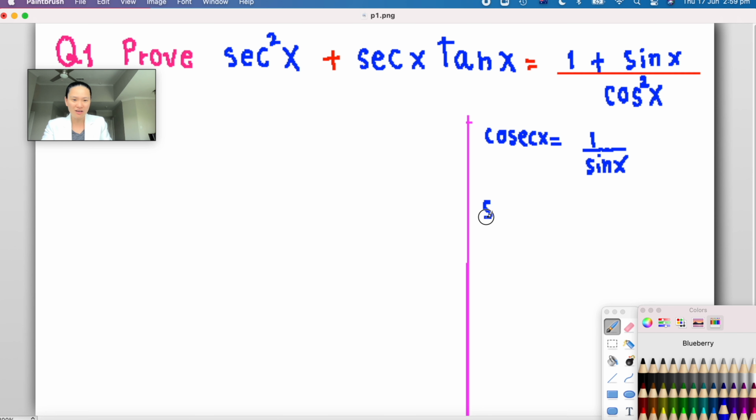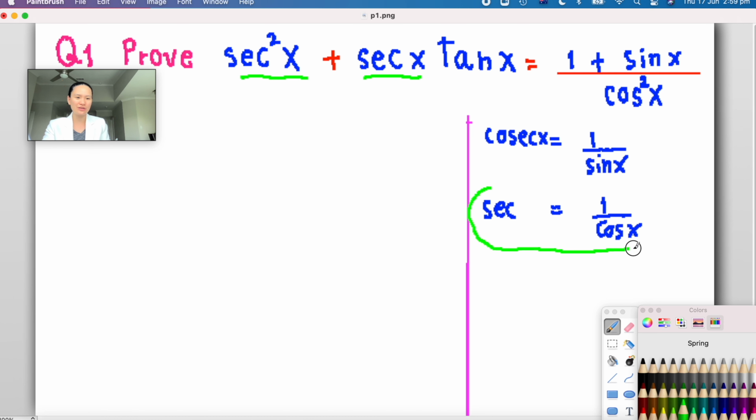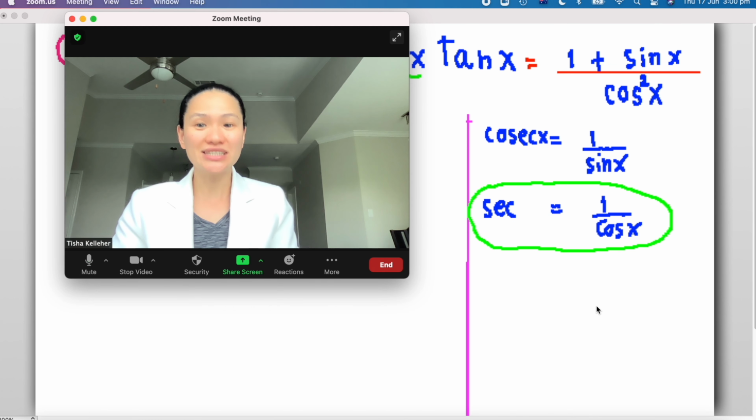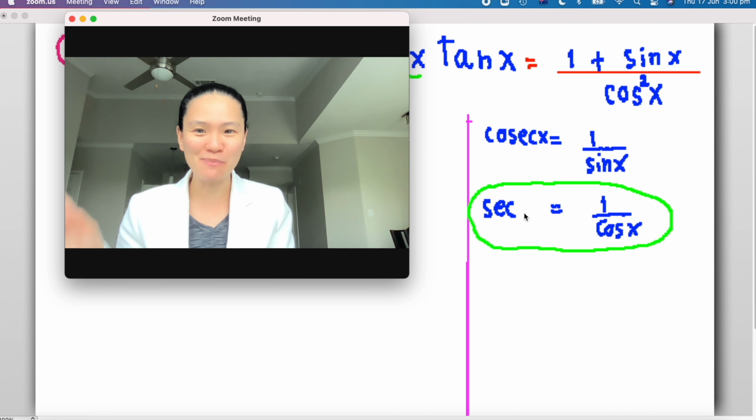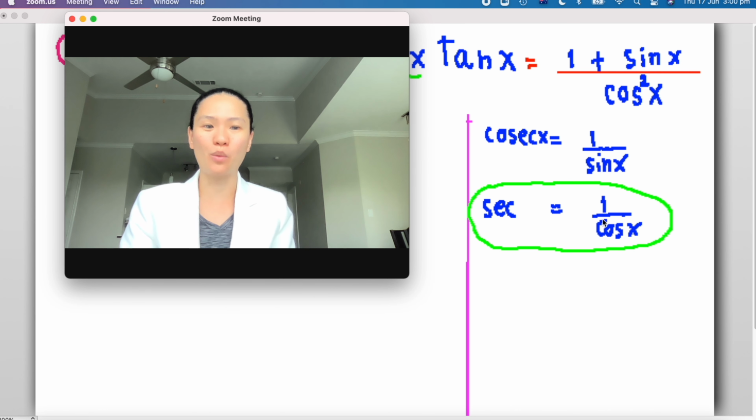Sec equals 1 over cos x, and that's what we're going to apply. Can you see something? We can see that sec is here as well. So generally speaking, we're going to apply this rule: sec x equals 1 over cos x. Go to the next one.